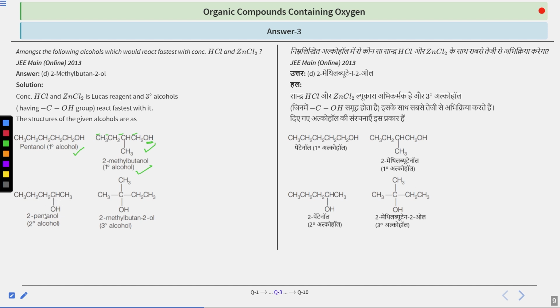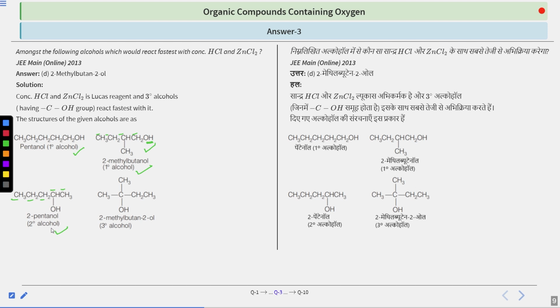Third, we have been given 2-pentanol. In the structure, 5 carbons are contained in our main chain, and at the second position we have an OH group attached. So this is 2-pentanol. This is a secondary alcohol because OH is attached to a carbon which is directly attached to 2 carbons.